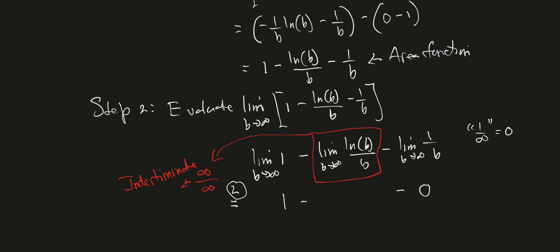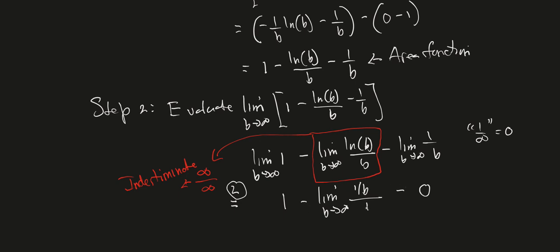It says if you have a limit of the form either 0 over 0 or infinity over infinity, you can replace this limit with another limit that involves taking the derivative of the numerator and the derivative of the denominator separately. So this is still a limit, and it's the limit of, now take the derivative of the natural log of b, that's 1 over b. Take the derivative of b, that's 1.